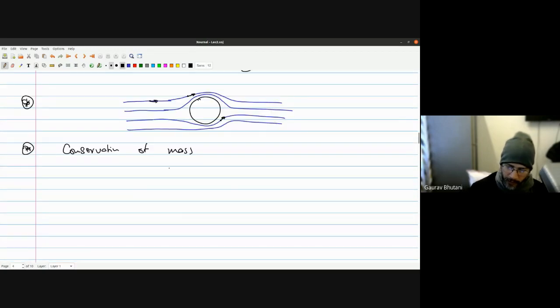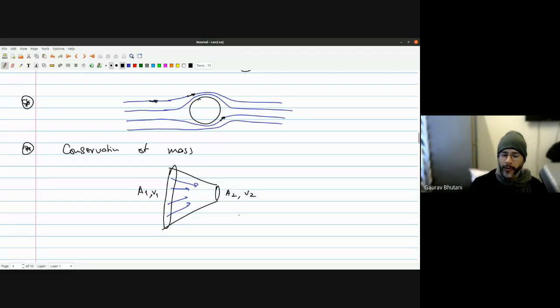If you have a nozzle and there is fluid flowing through it, and the area of cross section here is A1 and the area here is A2, and the speed was V1 here and the speed is V2 here, we definitely know that V2 is going to be higher than V1.